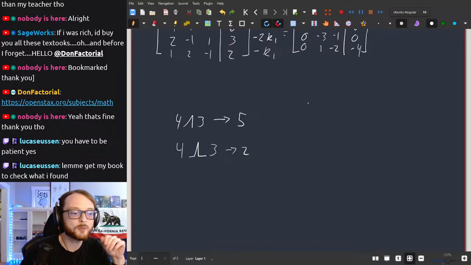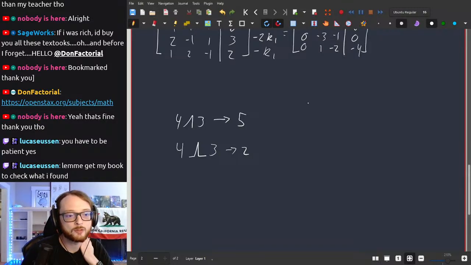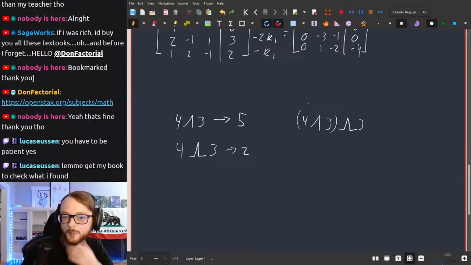So I'm still trying to think about this new operation that you're doing here. Is the point that if I do 4 wedge 3 and then minus wedge 3, I just get 4 back out? Is that the idea?